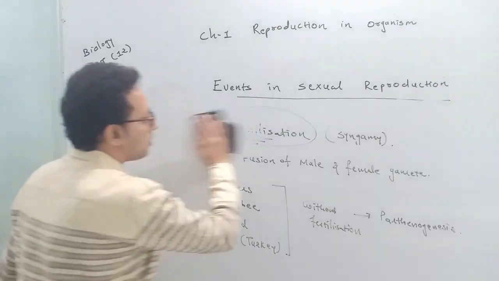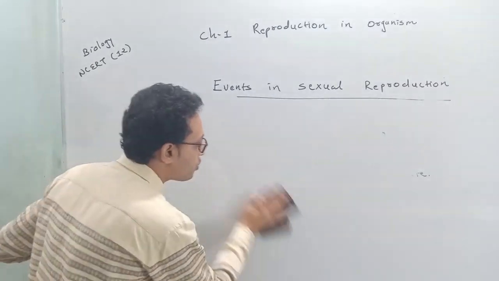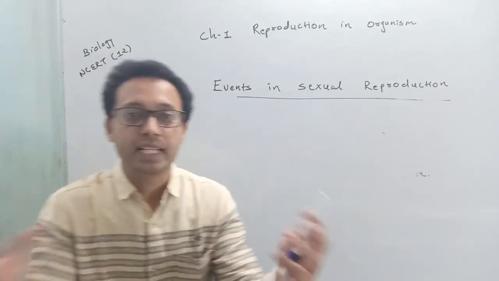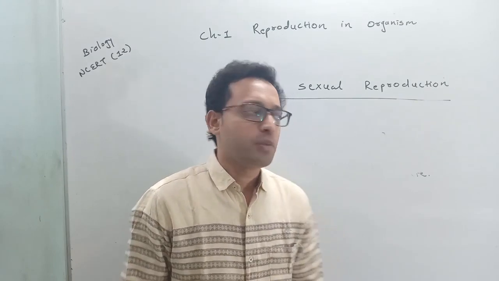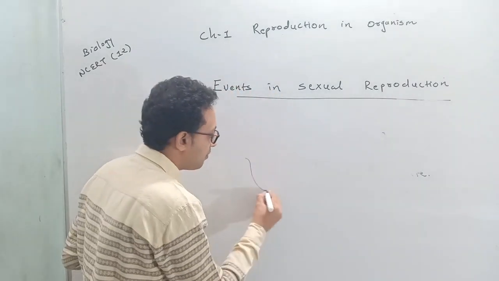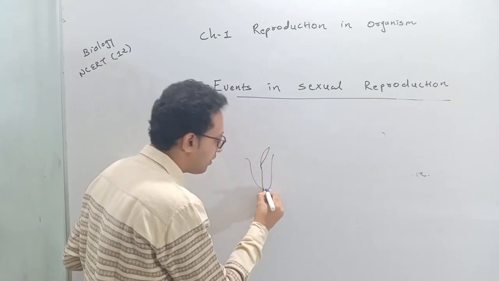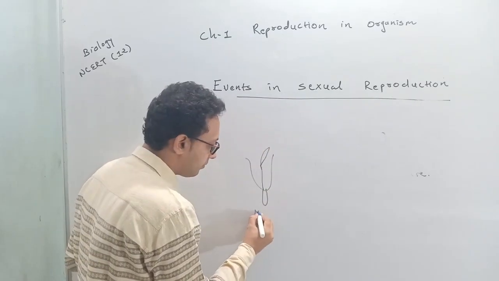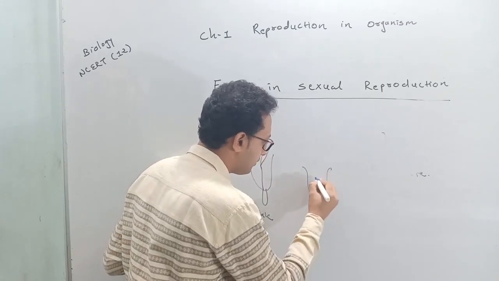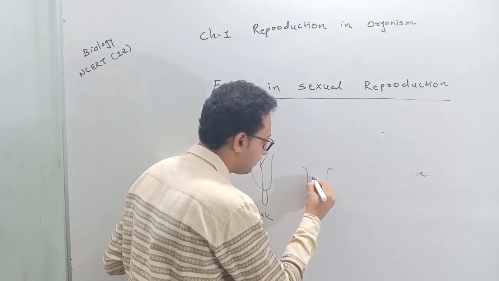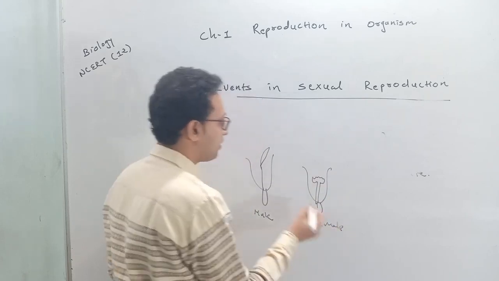But now what happens? To bring this male and female gamete together, you already know that there should be a process called gamete transfer. Suppose this is a male flower present on one plant, and this is a female flower present on another plant.